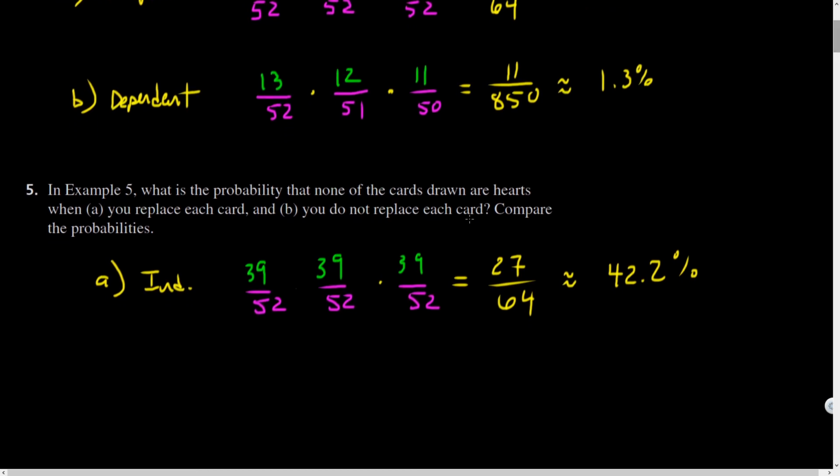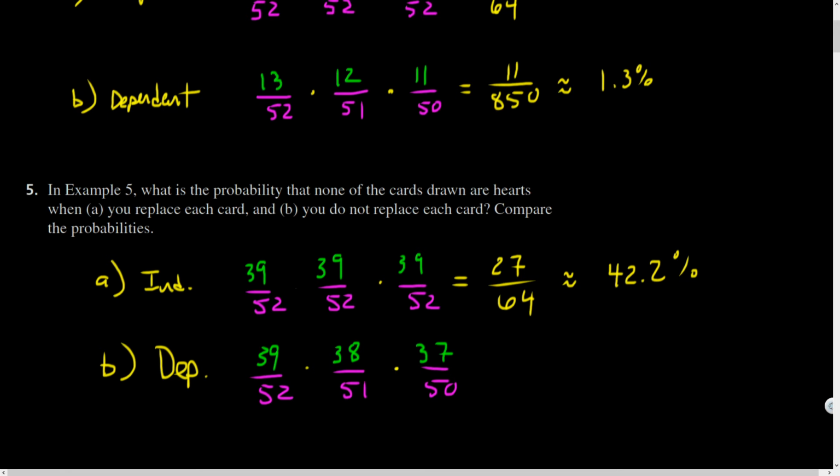Let's see. And then without replacement, I'll write out the dependent setup anyway, but I gotta keep rolling here. So there were 39 not hearts, and then there would have been 38 not hearts, and then 37 not hearts, and the denominators would have been 52, 51, and 50 respectively. All right, I'm already here.